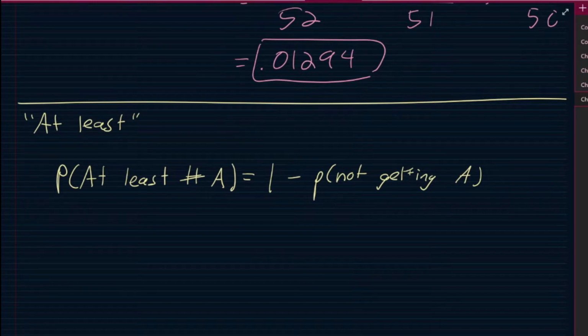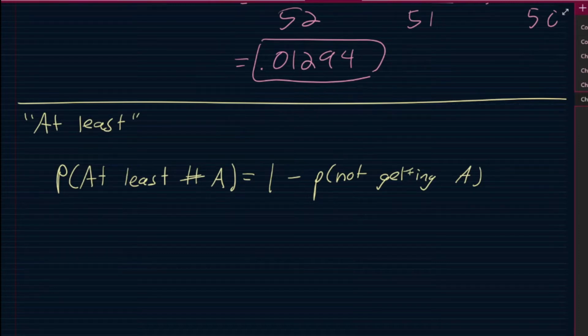And when you add those together, you get 100% of the outcomes. The 1 is basically 100%, and they basically just move the probability of what you don't want to the other side.